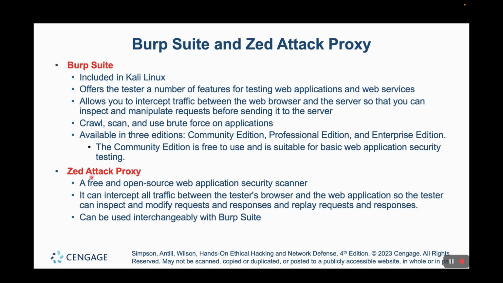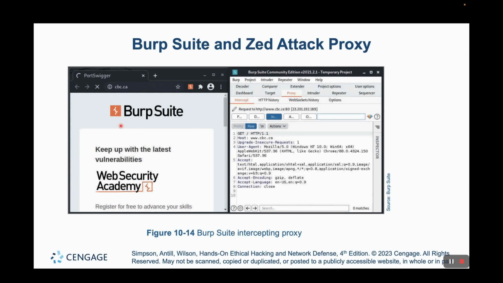ZAP is a free and open source web application security scanner. It also intercepts all traffic between the user's browser and the web application on the server. So the tester can intercept and modify requests and responses. And ZAP can work with Burp Suite as well.